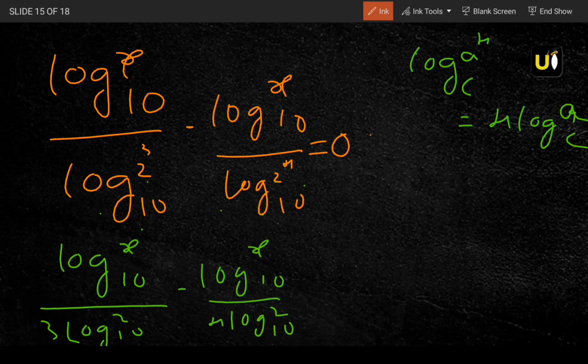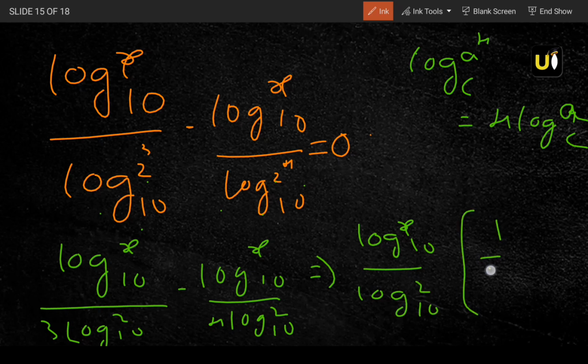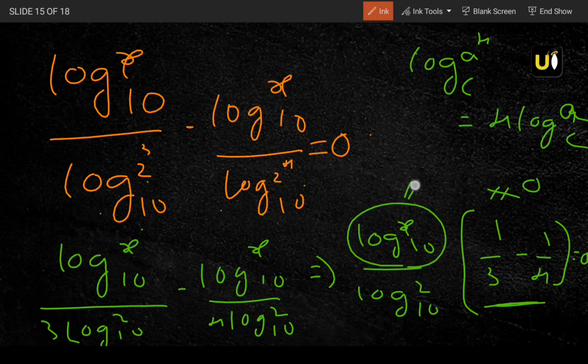Now taking log x to the base 10 and log 2 to the base 10 in common, what do we get? 1 by 3 minus 1 by 4. This must be equal to 0. This is not equal to 0. This term is non-zero. That means simply we can say that log x must be equal to 0.